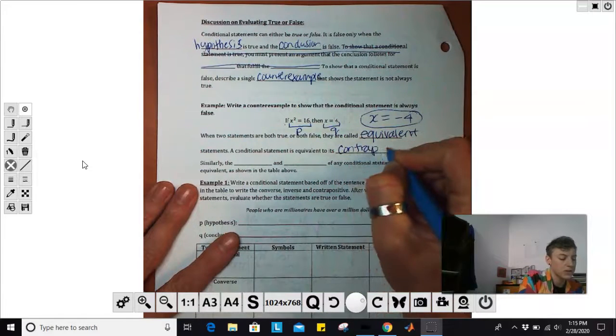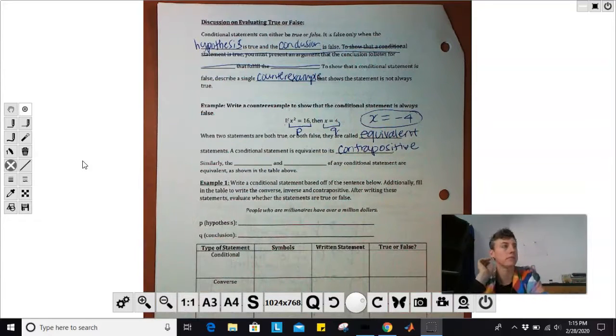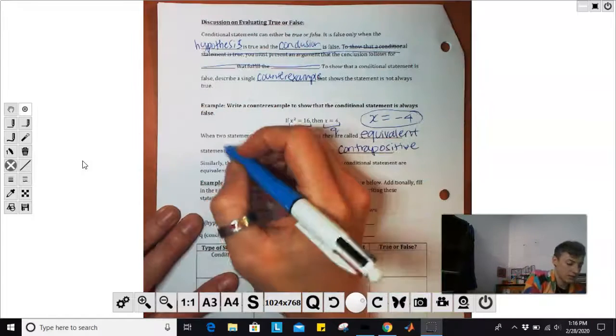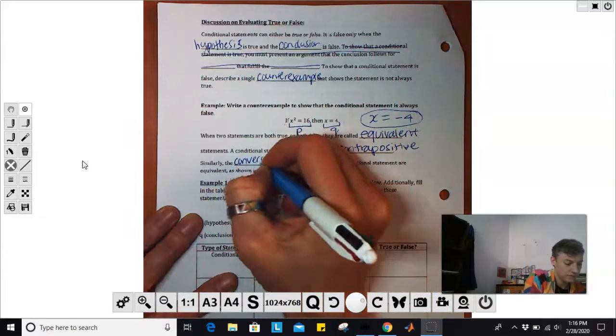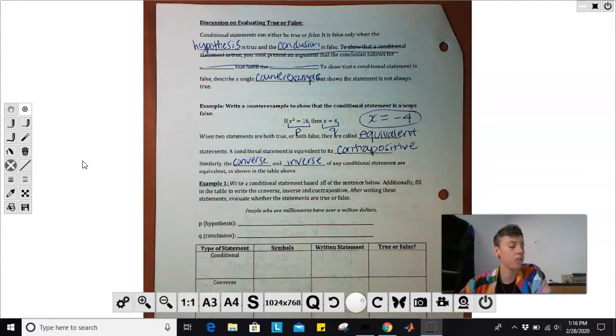Remember, both of those were true. And from your truth table on the other side, what other two statements were also the same value? Converse and inverse. Very good. This will always be true. The conditional and the contrapositive will have the same truth value, and the converse and inverse will always have the same truth value.